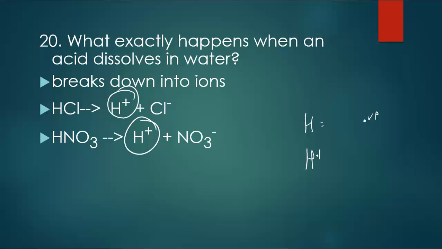So an H+ is the same thing as a proton. Okay, so whenever you see a proton, that's basically the stuff that hydrogens give. Now, this proton won't stay around for very long.